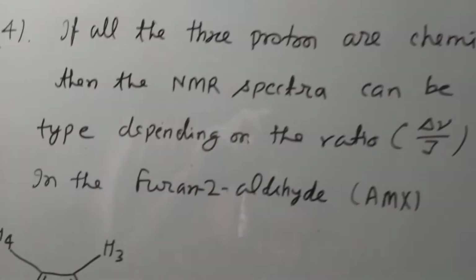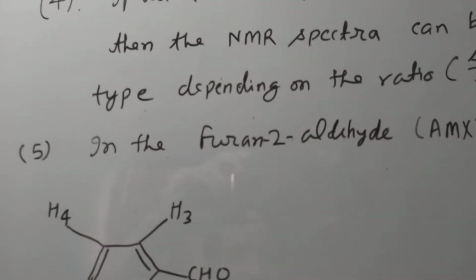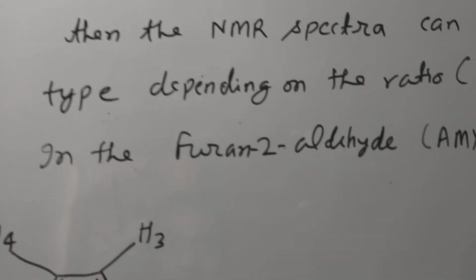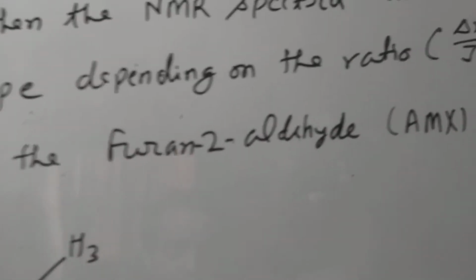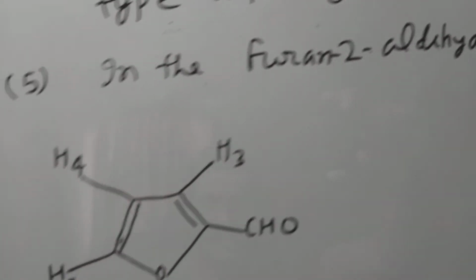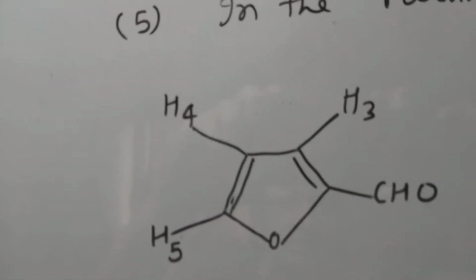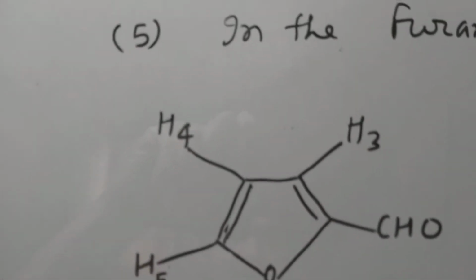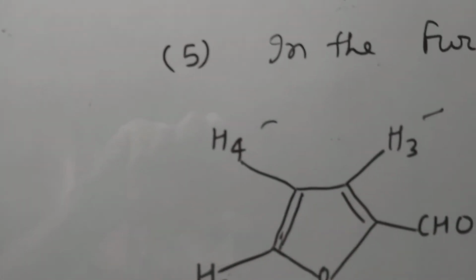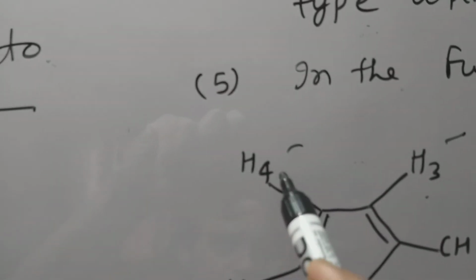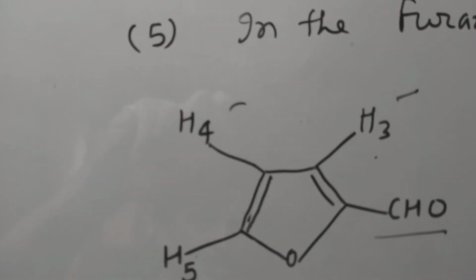Here all three protons are chemically non-equivalent, that is, they have different chemical shift values. We have considered the example of furan-2-aldehyde, or furfural. Here we can see there are mainly three kinds of protons at positions 3, 4 and 5. This is H3, H4, H5 and this is the CHO.